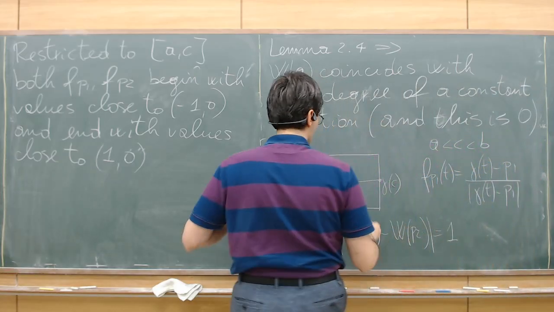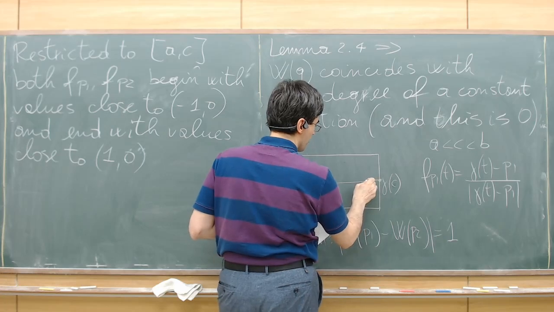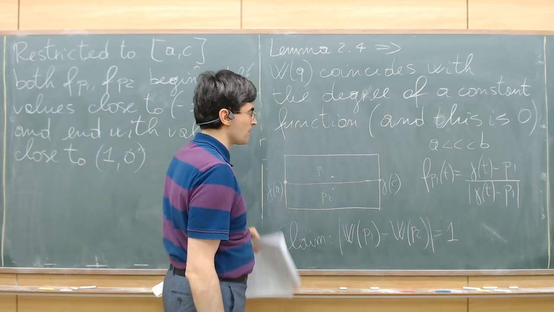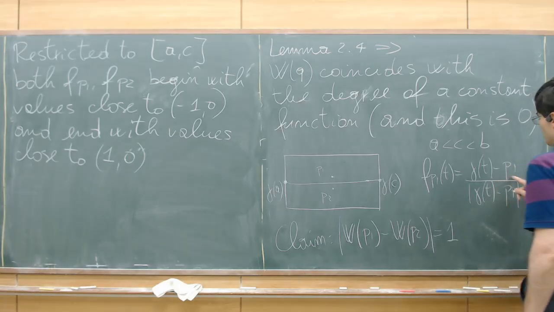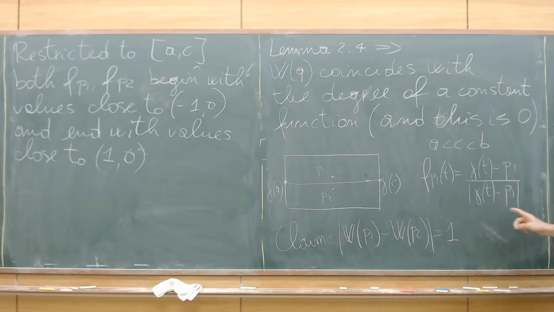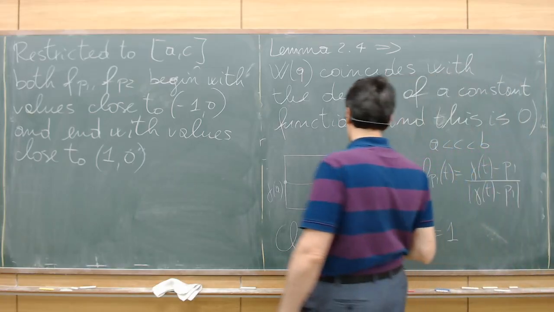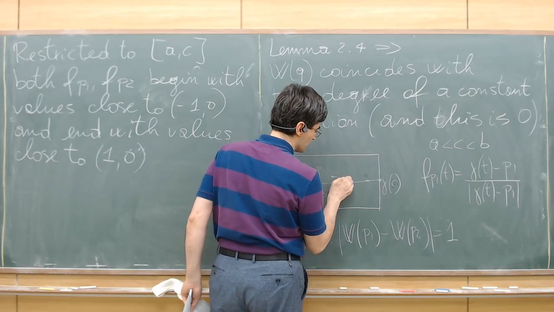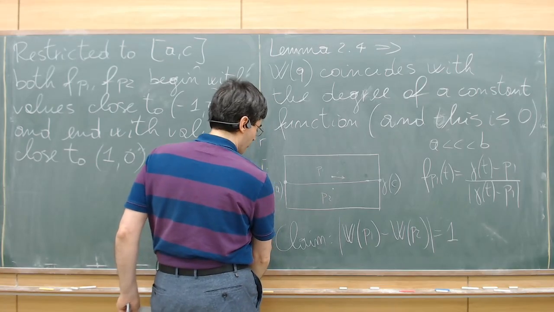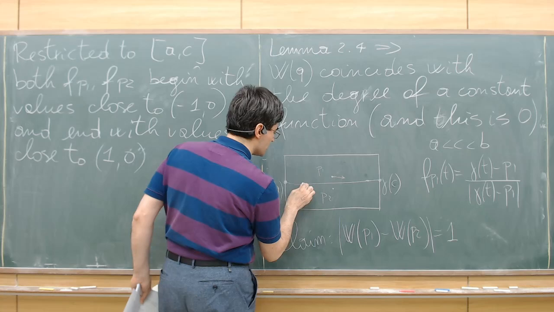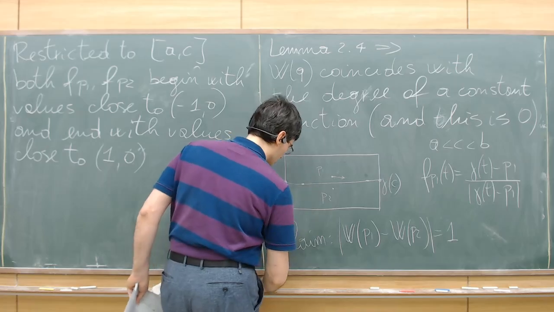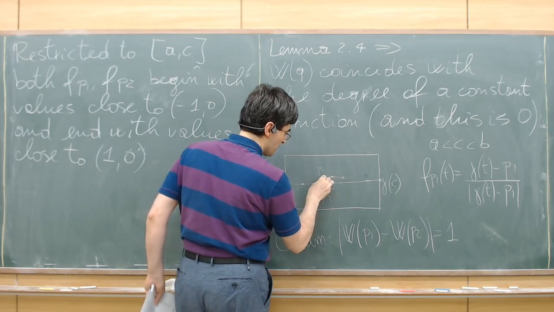So if you choose this point, then gamma t minus p1 is this vector here, but since we are dividing this vector by its length, you get, for example, this unit vector here, and if you take a point which is instead here, you get a unit vector pointing this way.